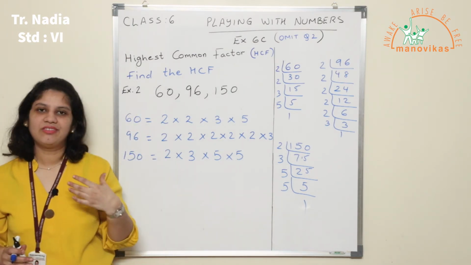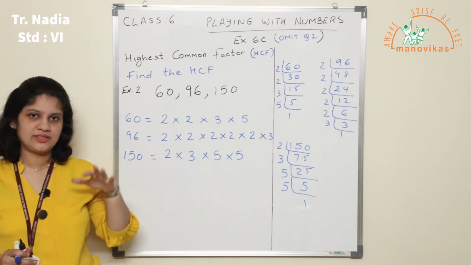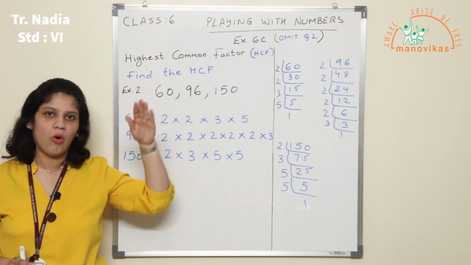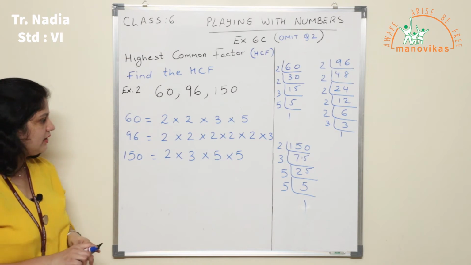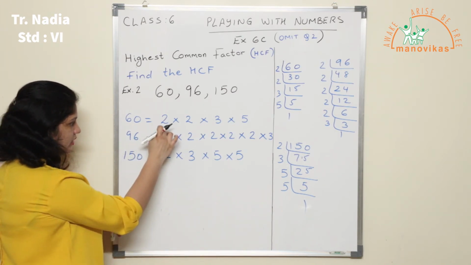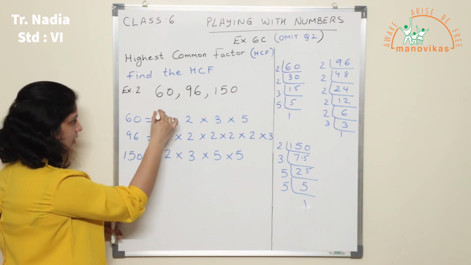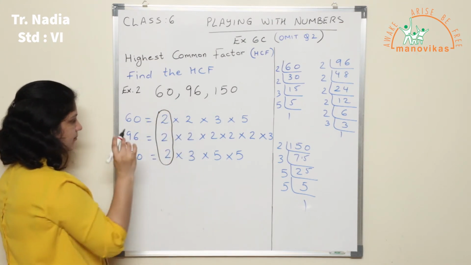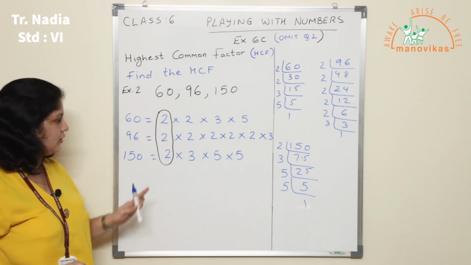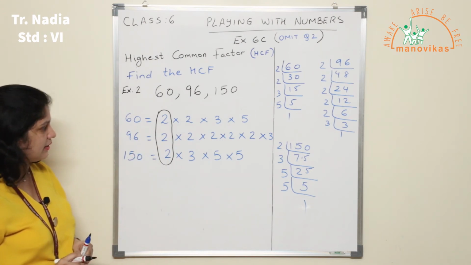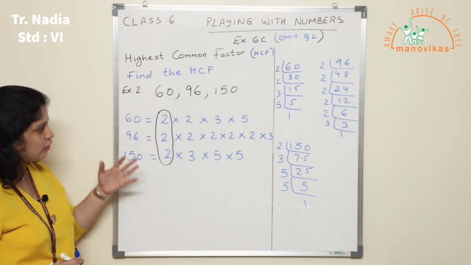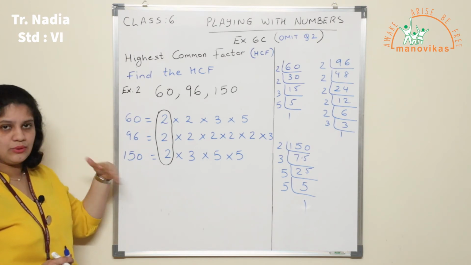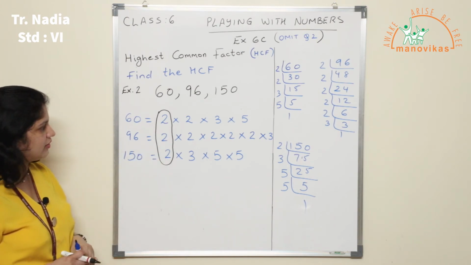Now here, since we have 3 numbers, I need to figure out digits which are common to all 3 of them. Okay, so can you see there is a 2 which is common to all 3? So I got my first set of 2's. All the 3 of them were having a 2, so I circled my first set of 2. Can you see anything that is common to all 3 of them?